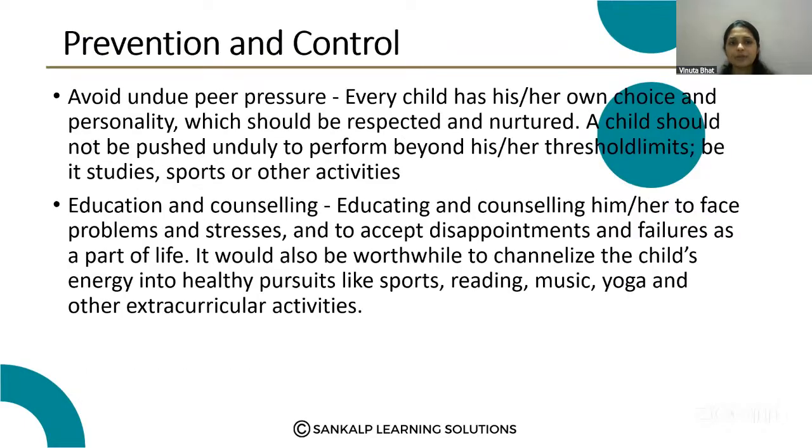Then prevention and control. How to prevent the usage of drugs and alcohol, how to protect them, and how to come out of this addiction. That is the main thing.